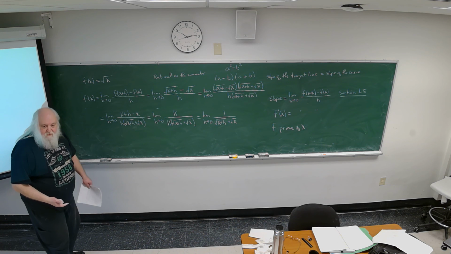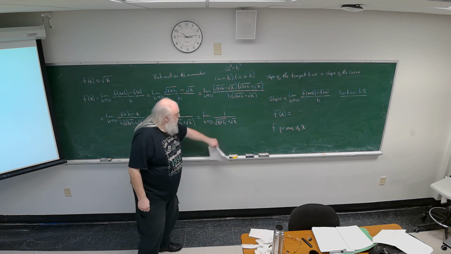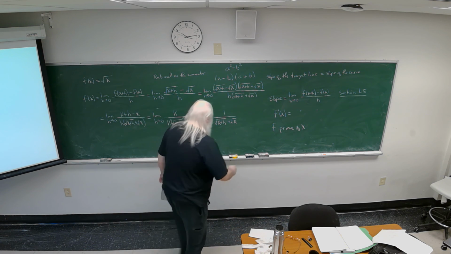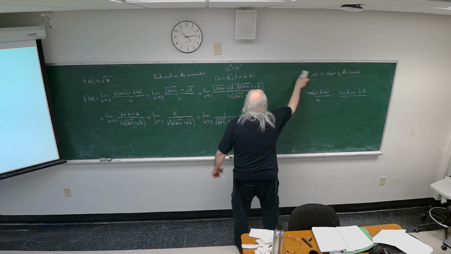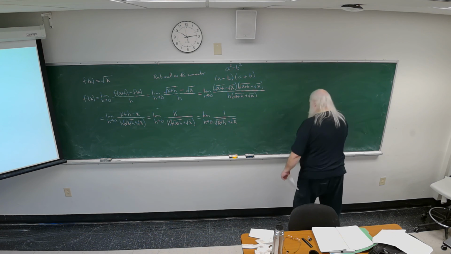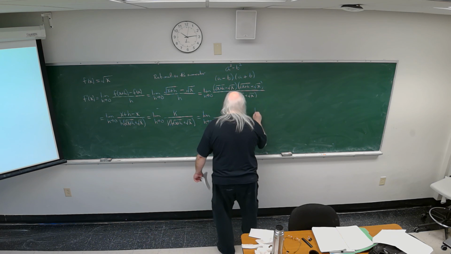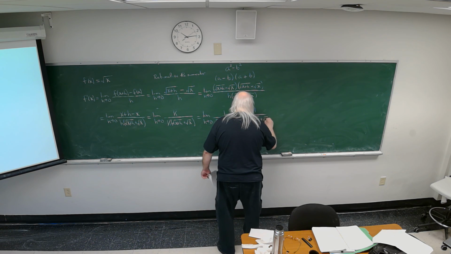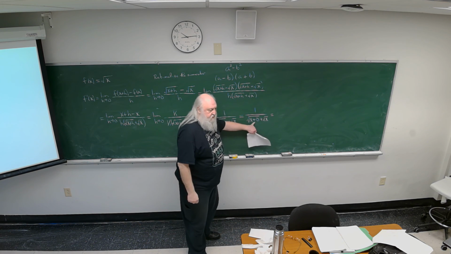Now you do the direct substitution, right? You put 0 in for h, and you're left with one over the square root of x plus 0 plus the square root of x. x plus 0 is x.